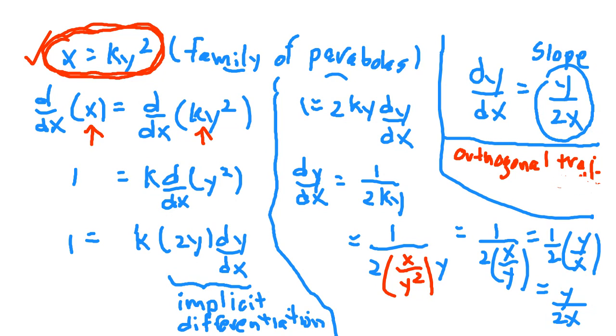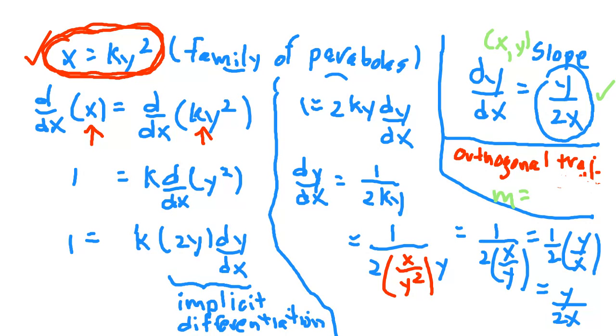Okay, Mandy's question is answered. What would their slopes be for orthogonal trajectories? If the slope of a tangent line at any point x, y on the family of parabolas is equal to y divided by 2x, orthogonal trajectories, which are perpendicular to the parabolas, what slopes would they have to have?